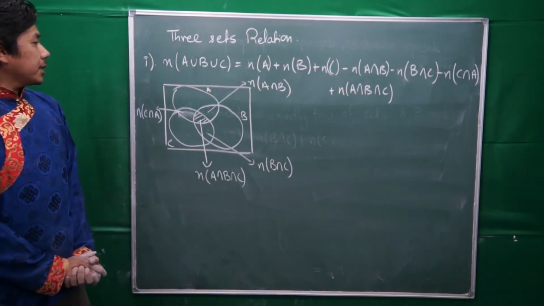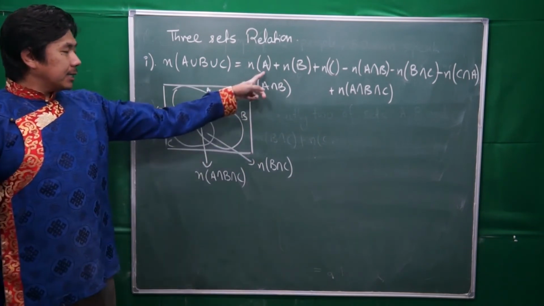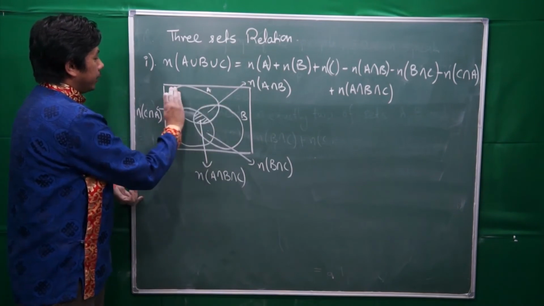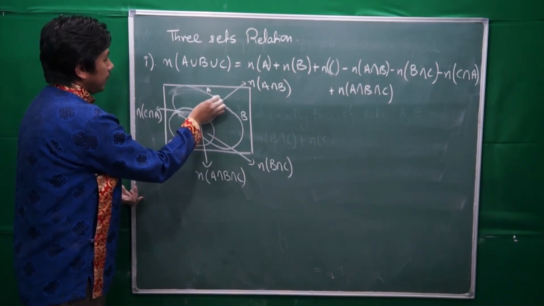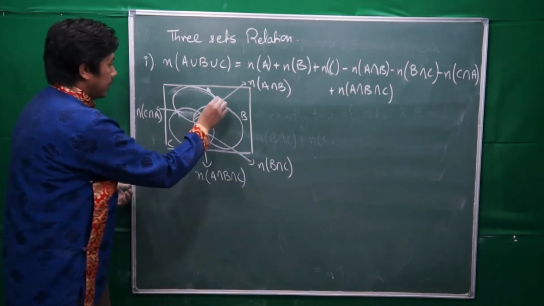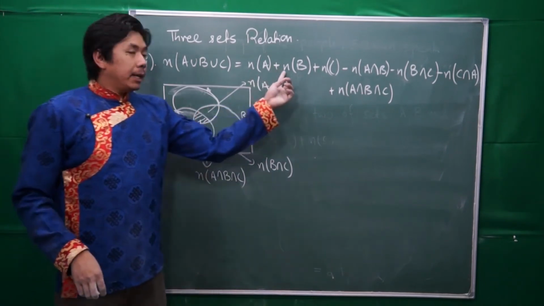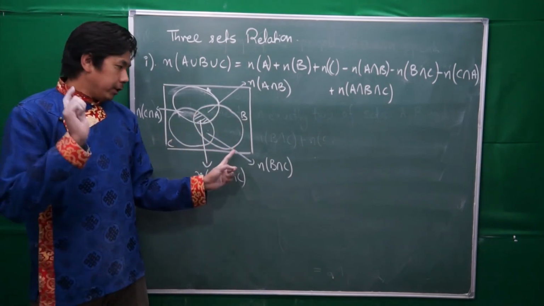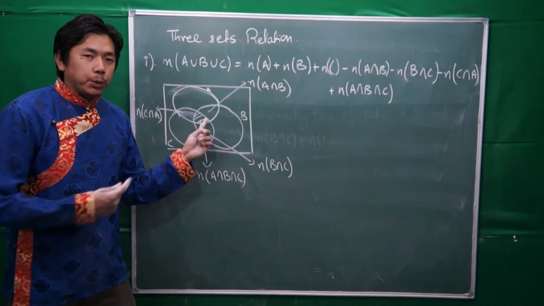So this is equal to, if I add set A, total elements in set A, whole included. Set A is included, plus set B is included. First problem: this is being added twice.